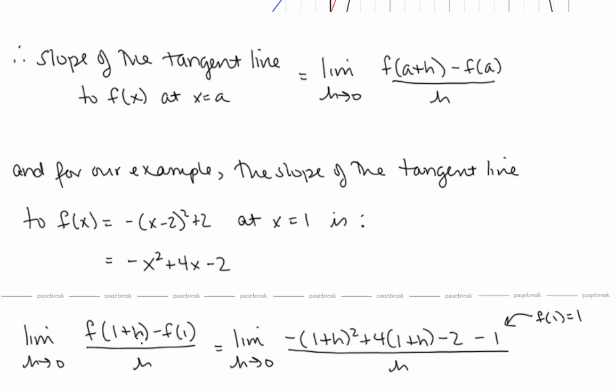And so f of 1 plus h is going to be negative 1 plus h squared plus 4 quantity 1 plus h minus 2. And then minus f of 1, which is negative 1 plus 4 minus 2, so that's a 1. So f of 1 is equal to 1, and that gets subtracted here. And this is all over h.